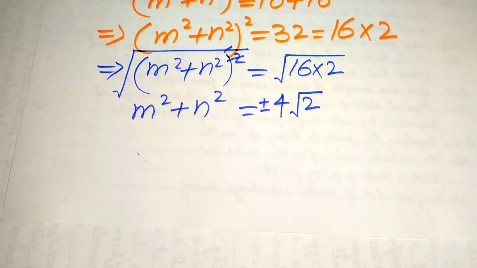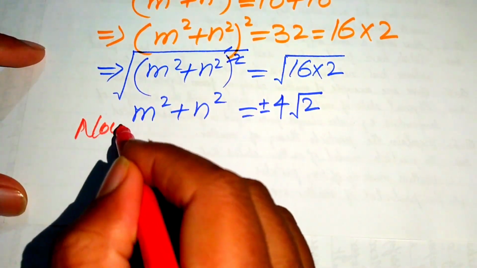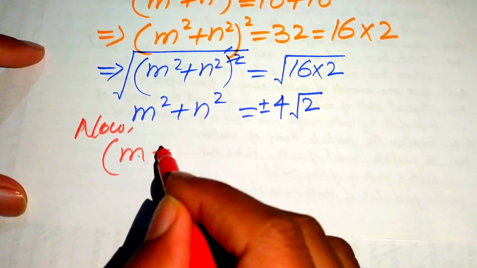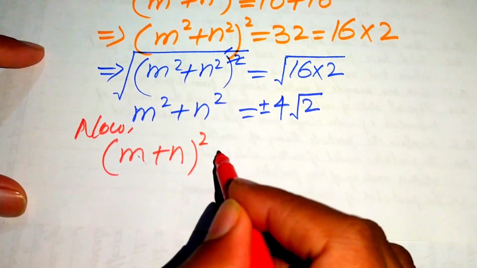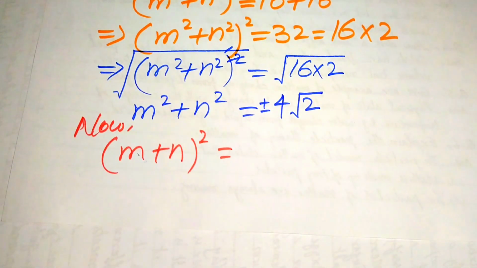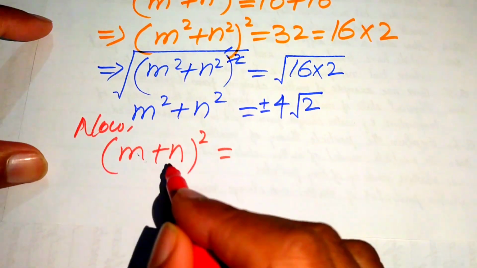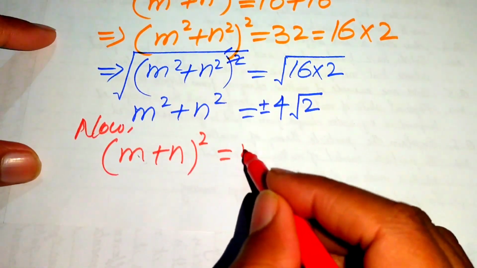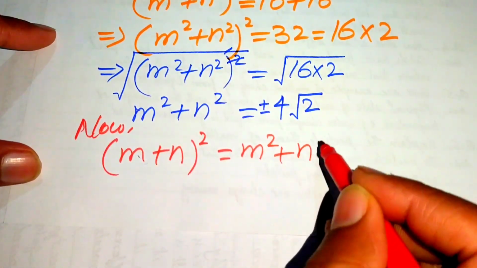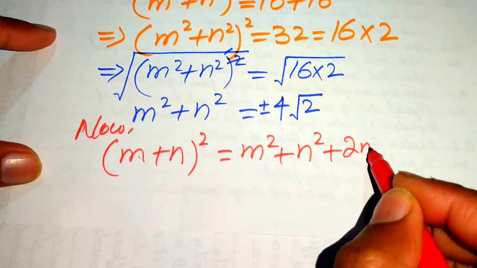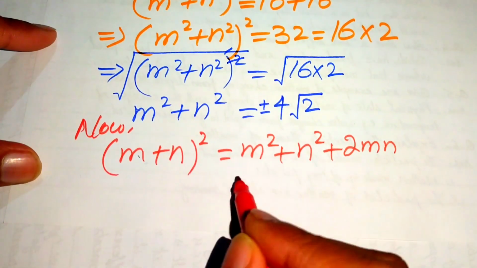So in the next step we move towards finding the value of m plus n. We take the square of m plus n, and we write it as the square of m plus n equals m square plus n square plus 2 times m multiplied by n.